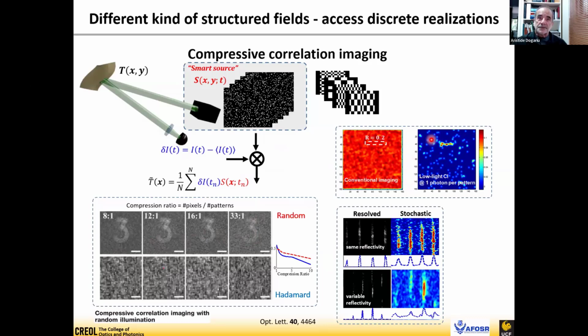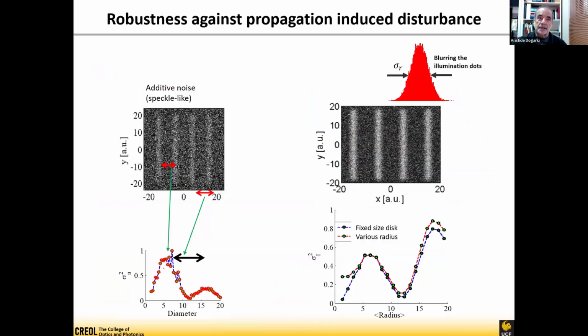So this is the image that you recover, a target with a reflectivity of 0.2, recovered from excitations, each having on average 1 photon per excitation. So extremely low light levels. So this brings us into the realm of certainly biology, right?